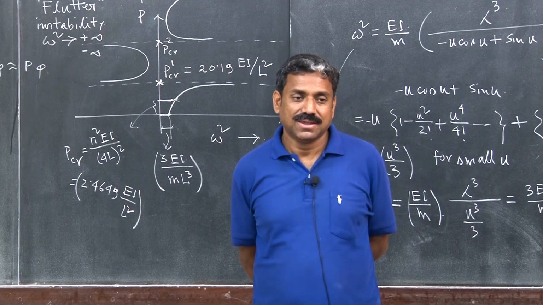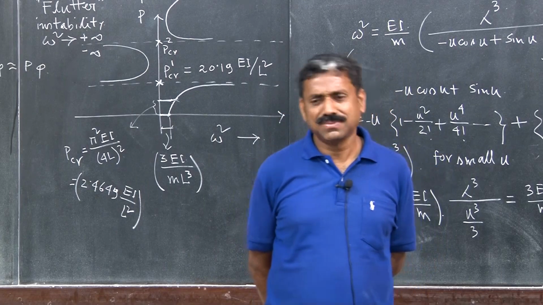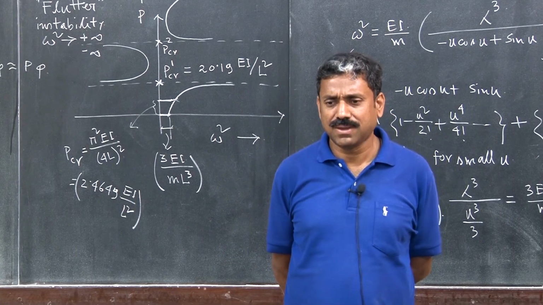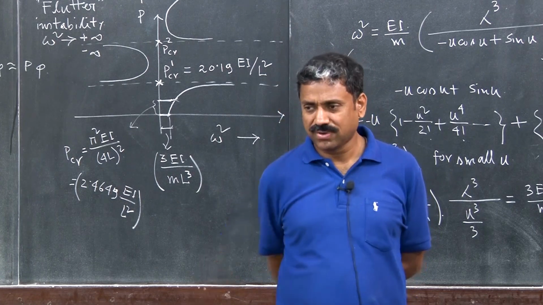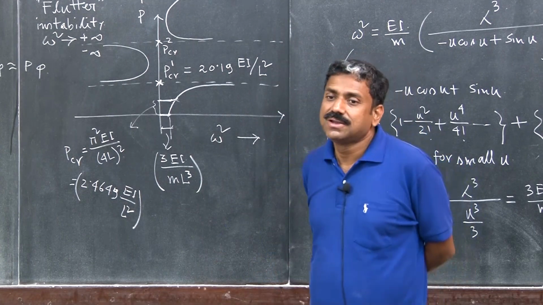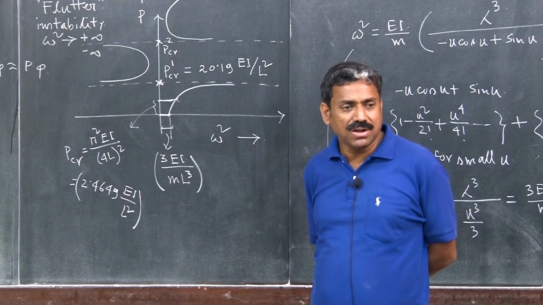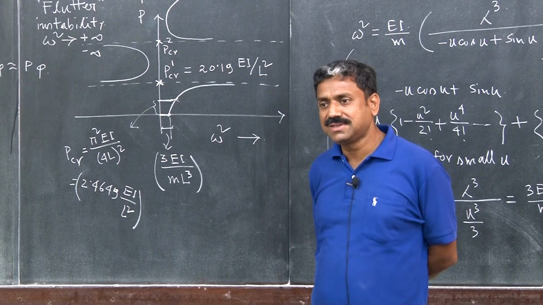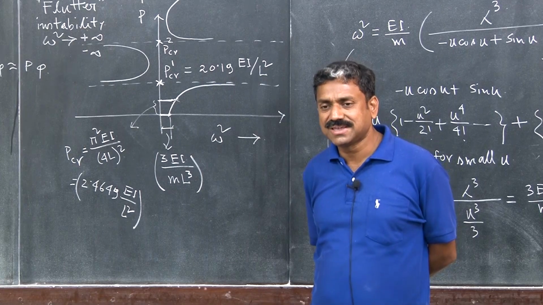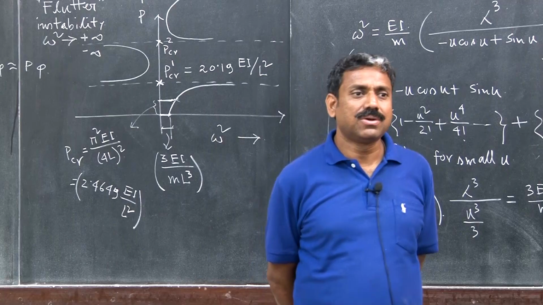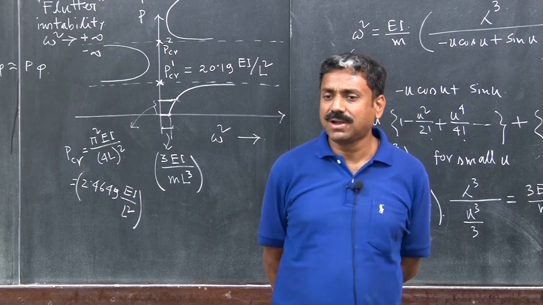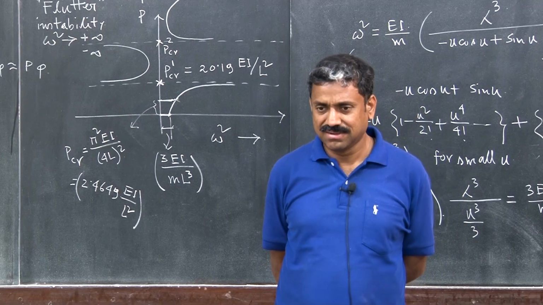And frequency becomes 0 means what? Will it allow it to vibrate? If there is no frequency, what will happen? It will deflect in one direction, right? Zero frequency, that is called divergence. Although in dynamic sense it is called divergence, it is nothing but the dynamic equivalent of the static instability, buckling.